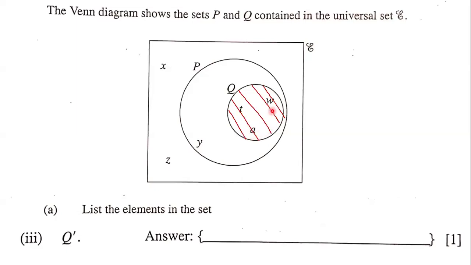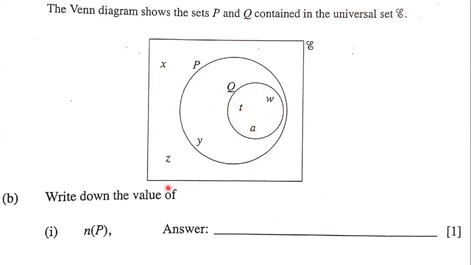So we do not include T, W, or A because they are part of Q. We only want the elements that are not part of Q. So that would be X, Z, and Y. Those are the elements inside Q complement: Y, X, and Z.